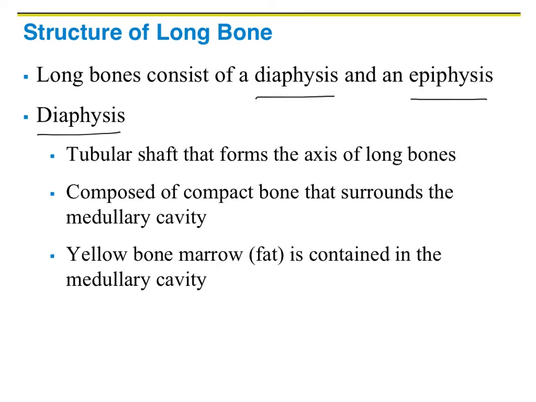It's composed of compact bone that surrounds the medullary cavity. The medullary cavity contains red marrow in children, and this is where hematopoiesis occurs. Red marrow is replaced by yellow marrow in adults.